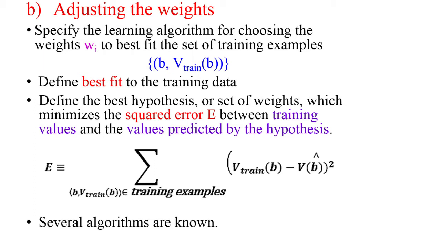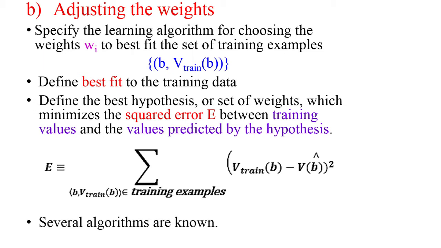Capital E equals the summation over all training examples, each having a board state B and the corresponding training value for that board state. We take the difference between the training value V train B and the value predicted by the hypothesis, V B. This is squared just to get rid of the negative values.